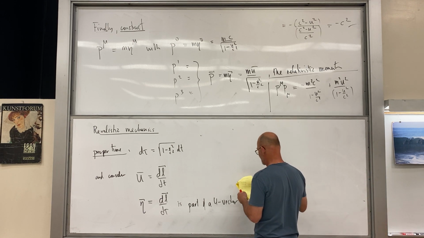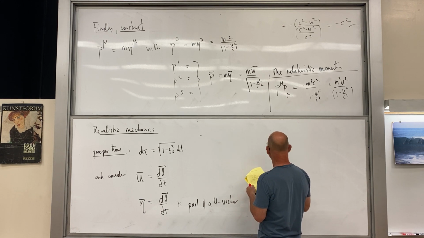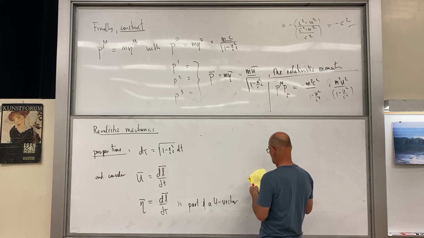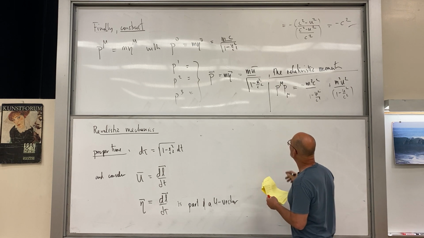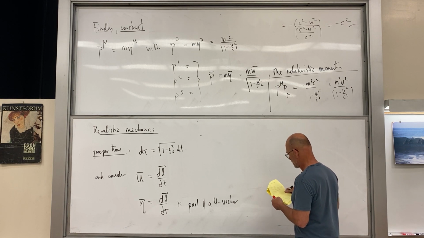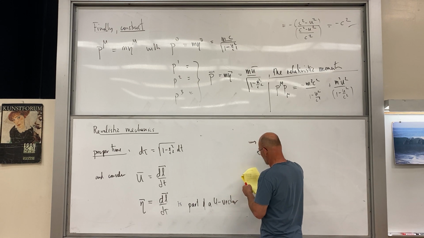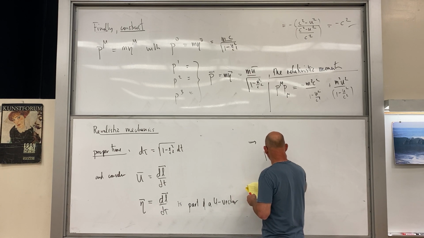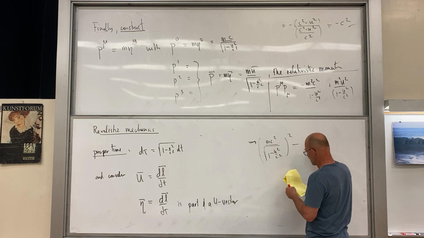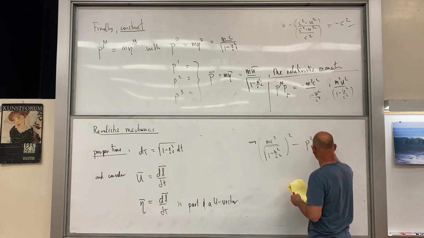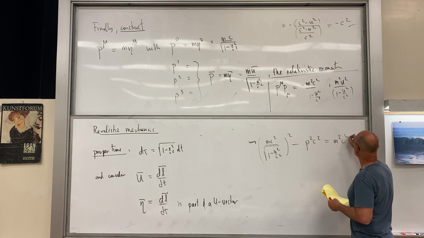Write this up like this. So we're going to end up with mc squared over root 1 minus u squared over c squared, squared, minus p squared c squared equals m squared c to the 4th.